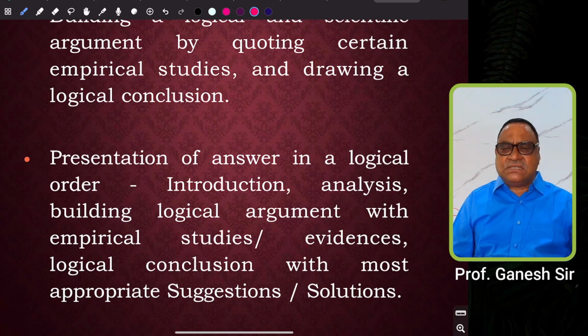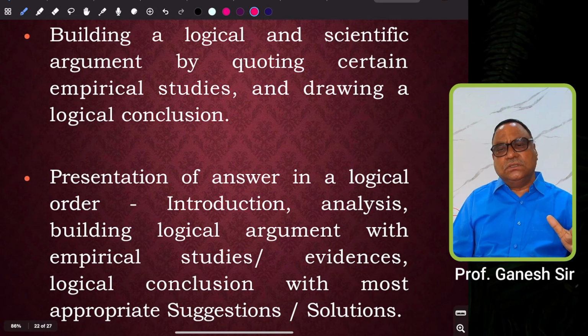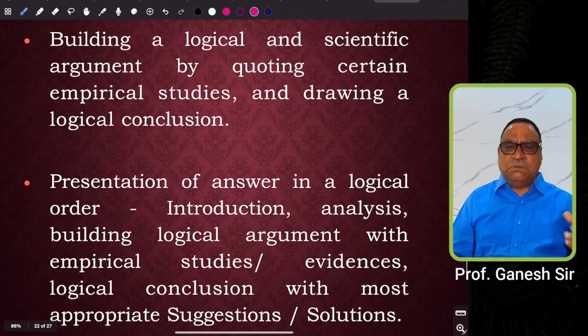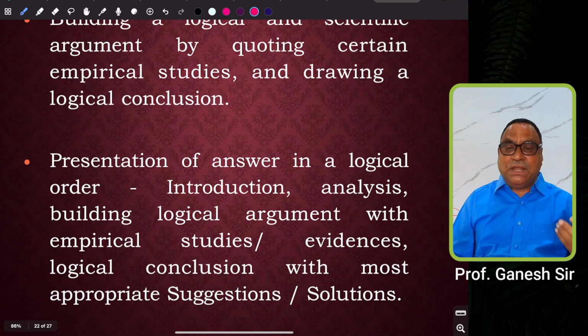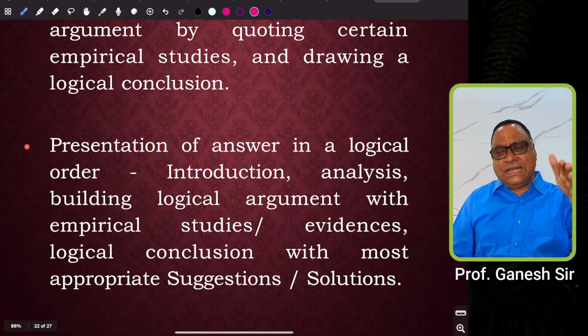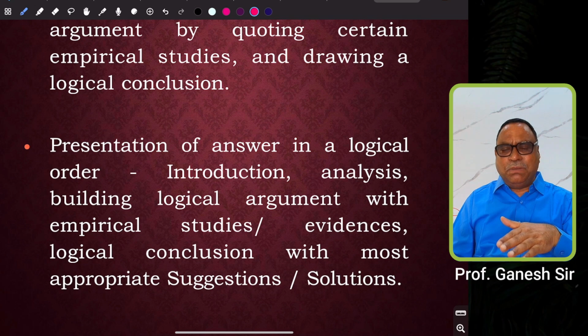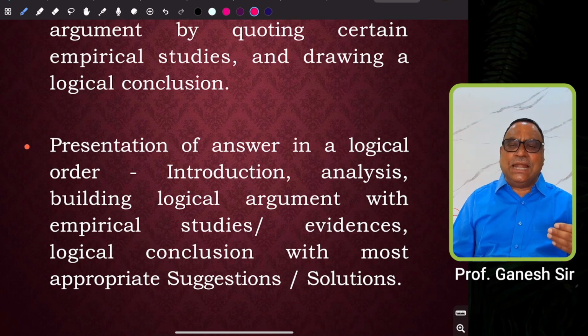That effectiveness is based on the content, then referring to the sociological perspectives and theories of the thinkers and their studies, then building a logical and scientific argument, and wherever possible mentioning certain empirical studies, then presenting the answer in a logical order by using sociological language and sociological terminology.